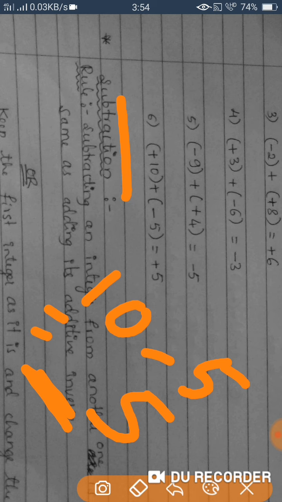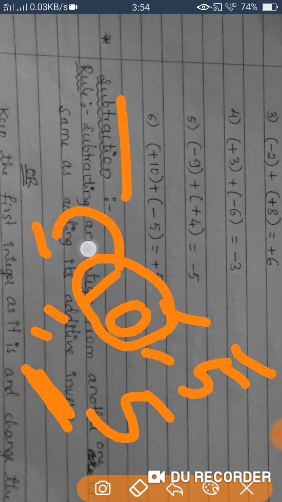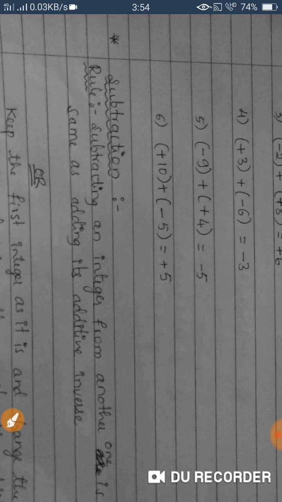Which sign should I keep? In this 5 and 10, which numeral is bigger? 10. So 10 is the bigger numeral. That means we have to search for this sign in the question. This sign is positive. So keep the answer as positive 5. See the answer, it is positive.